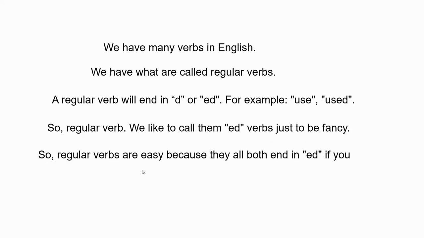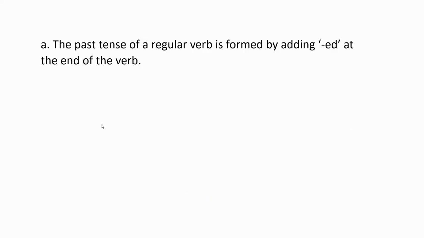Regular verbs are easy because they all end in ed. The past tense of a regular verb is formed by adding ed at the end of the verb. Let's look at some examples.